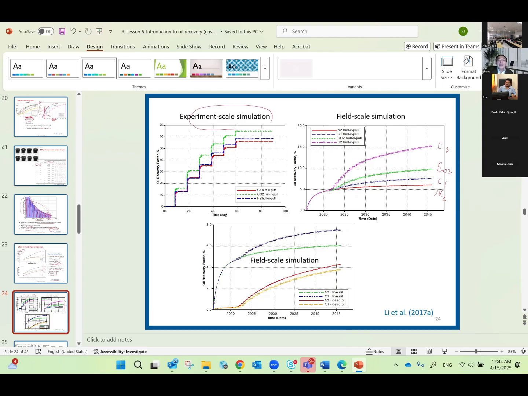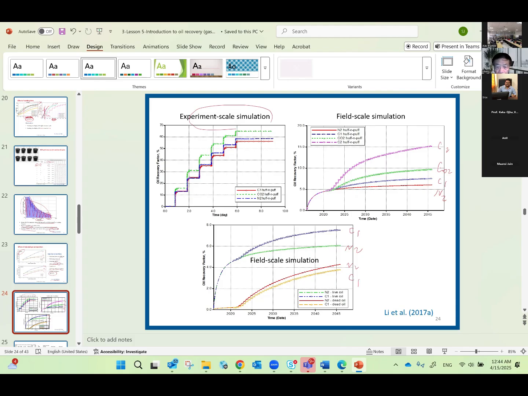And here is the bottom curve. What's the bottom curve? The bottom curve shows this is C1, this is nitrogen, and here, this is nitrogen and C1.